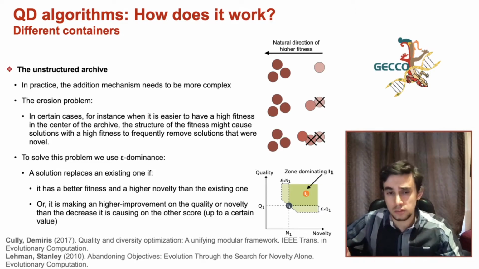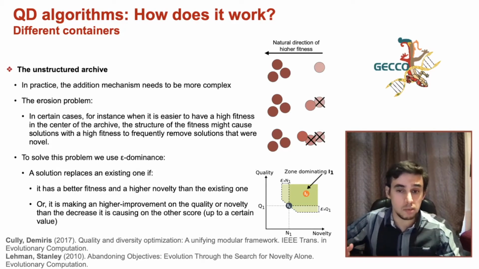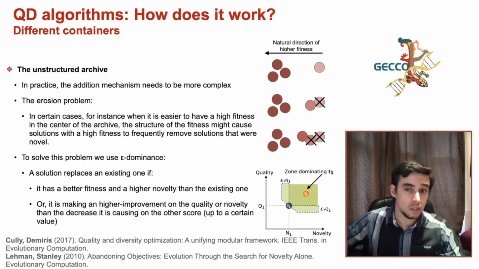In some of the implementations available online, you can find a technique developed in this paper where we use an epsilon dominance Pareto concept to ensure that a solution is added only if it improves at the same time the novelty, pushing the new solution further from the existing ones, and the performance of the solution.